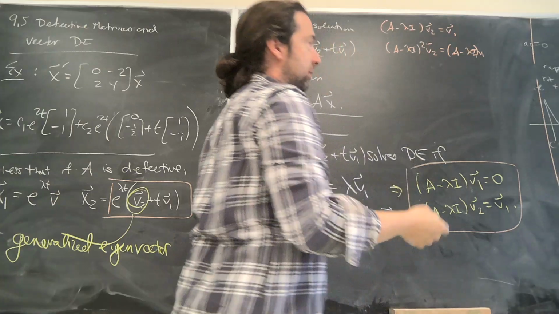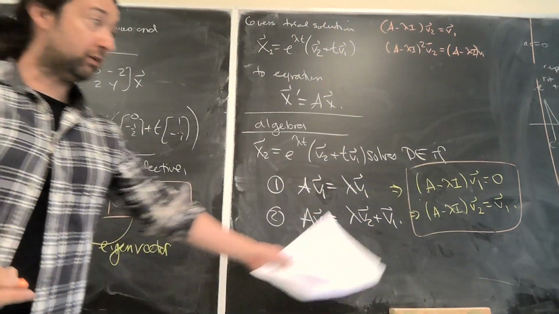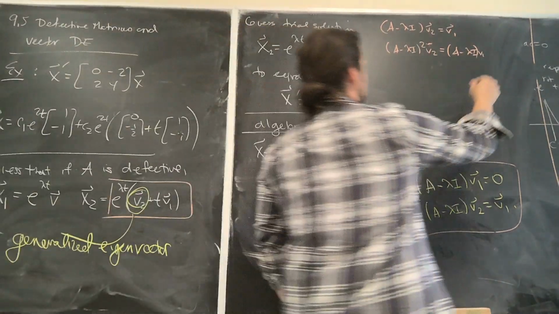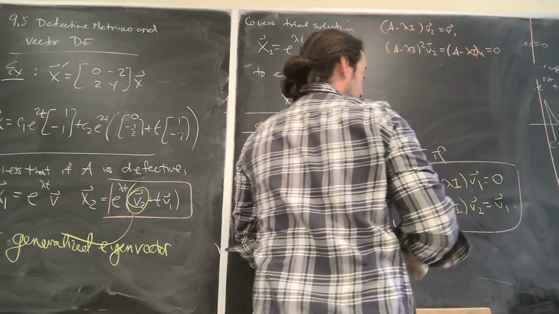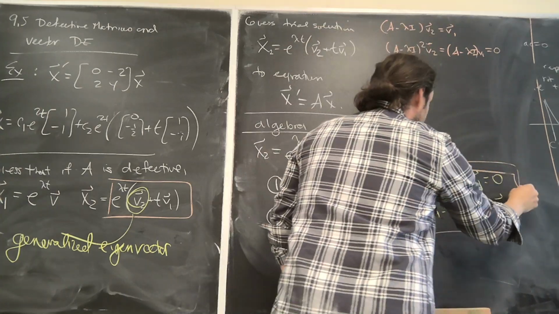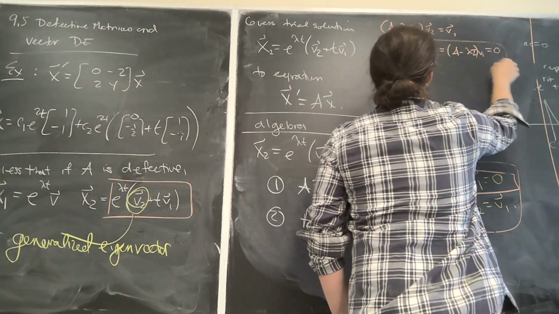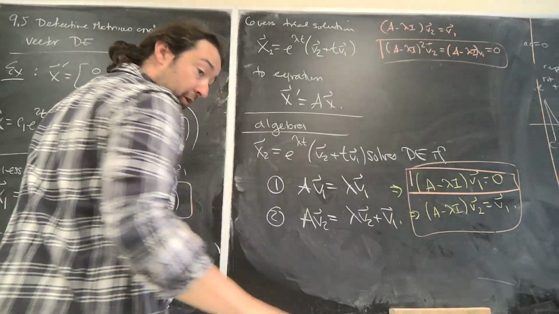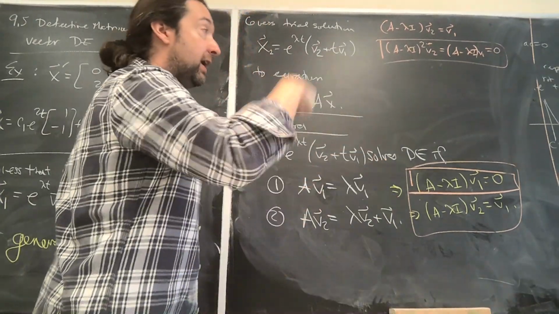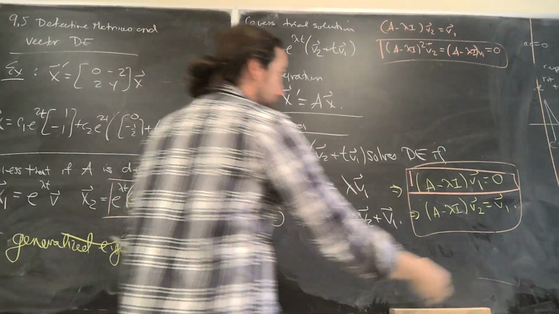What is (A minus lambda I) v1 equal to? 0, by the first equation, right? So I want that equation and this equation to be true at the same time. I ultimately come down to, I can find the vectors v1 and v2.